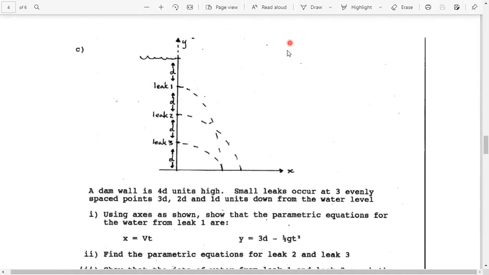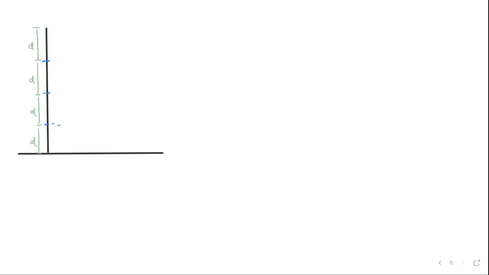So let's start by getting our own diagram. Okay, so you were told that this is the x-axis and this is the y-axis.